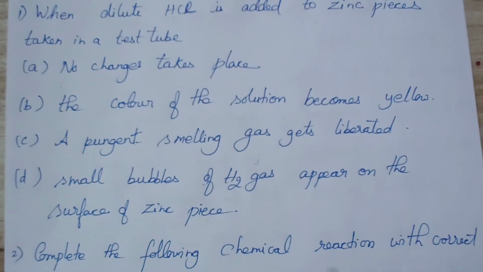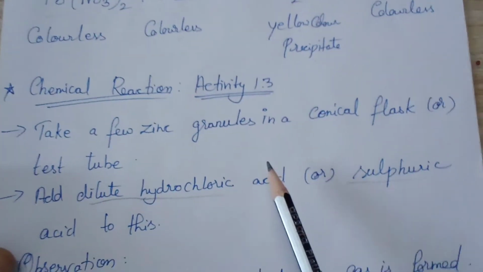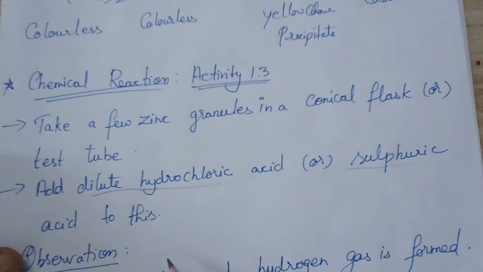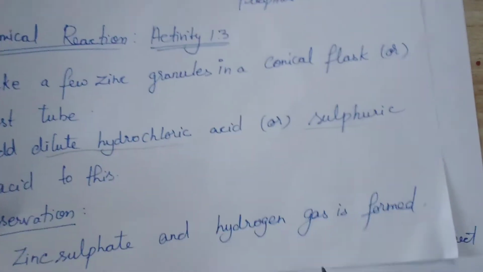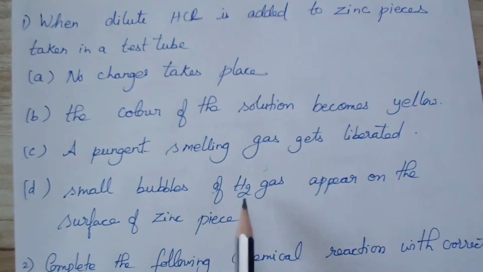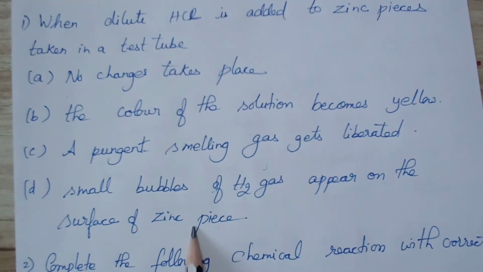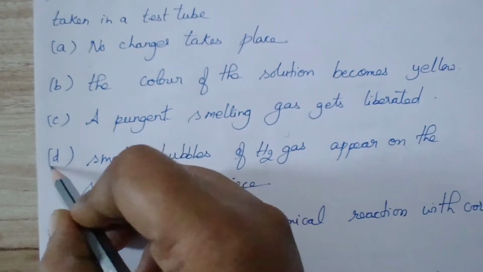We are seeing the activity, right? When you put the zinc granules in the hydrochloric acid or sulfuric acid, the hydrogen gas will be evolved. So your answer is: small bubbles of hydrogen gas appear on the surface of the zinc.